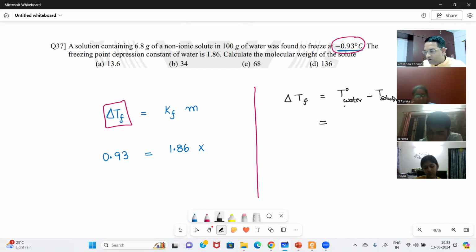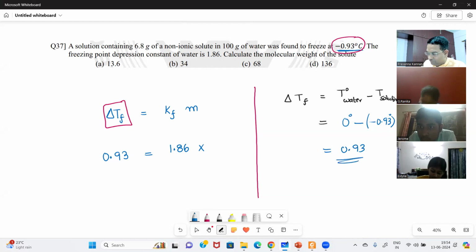What is the temperature at which water freezes? 0 degrees Celsius. What is the temperature at which your solution is freezing? Oh, okay, sir. Clear, Evelyn? Yes, sir. So now it becomes 0.93. I just wrote it directly.